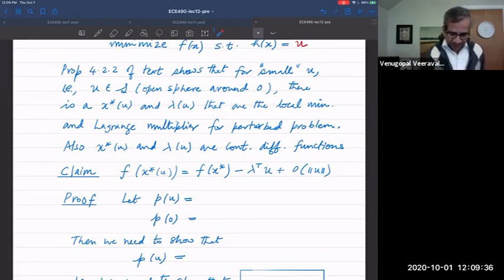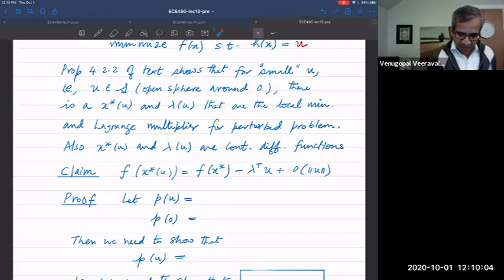So this is the claim. If I now look at the new value, f at x star of u, this is the optimum solution, and try to relate it to what the old value was, f at x star before the perturbation, then they're related through the Lagrange multiplier, at least up to first order.